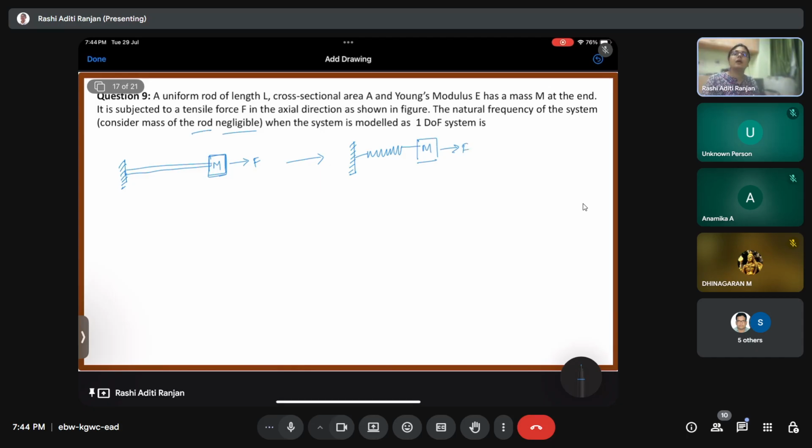Okay. So for the natural frequency, I know that the equation of motion is going to be m x double dot plus kx is equal to F. M I know, but what about K?